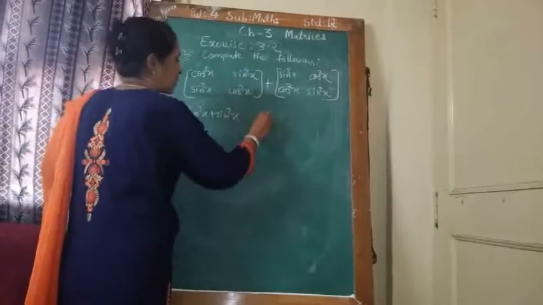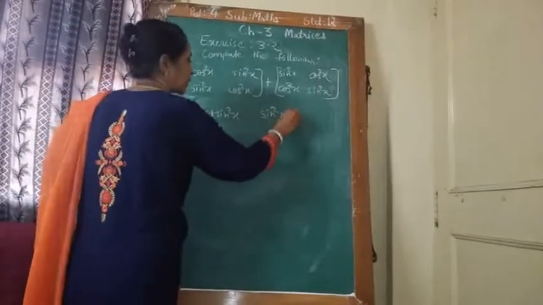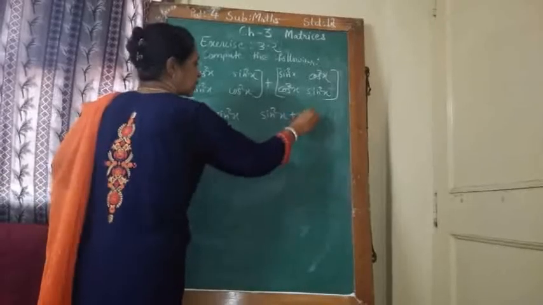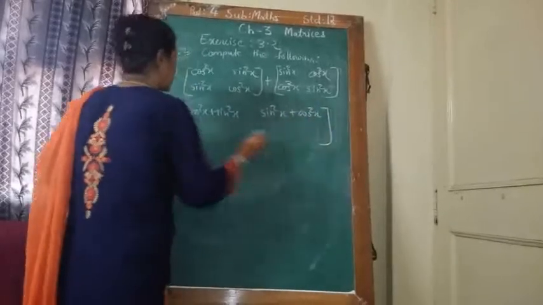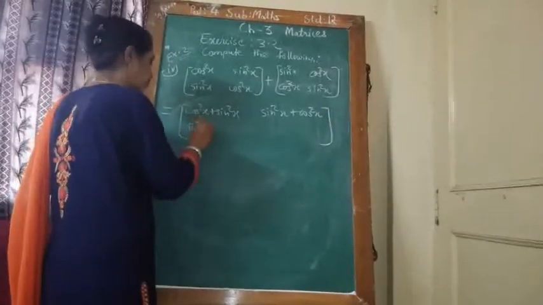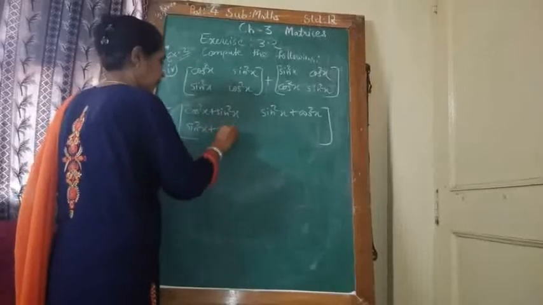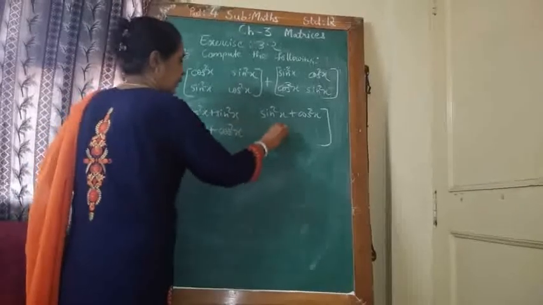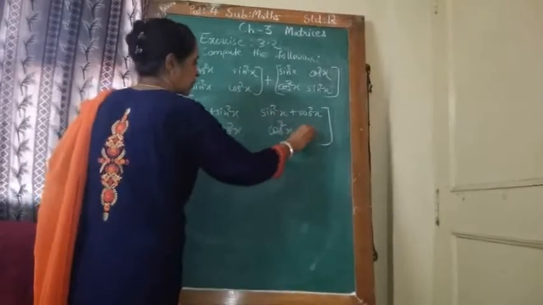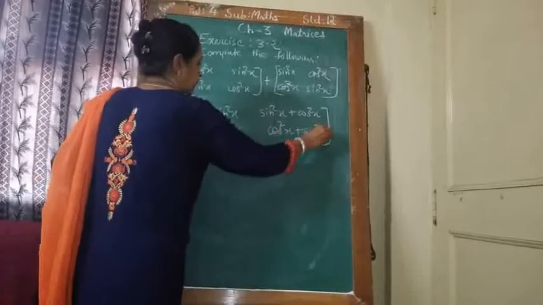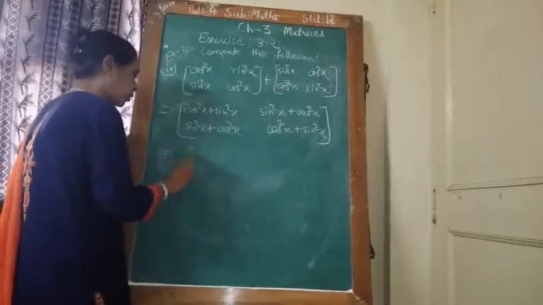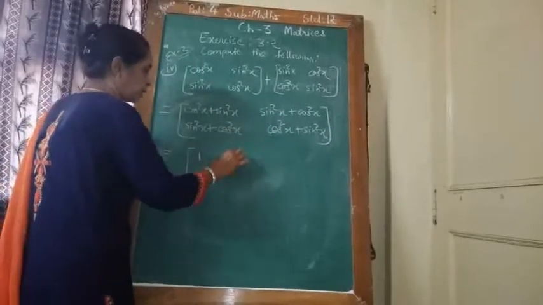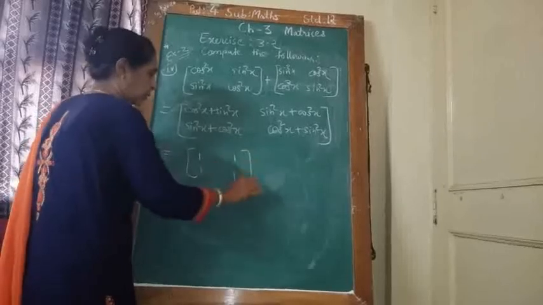Sin square x plus cos square x. Sin square x plus cos square x. Cos square x plus sin square x. So here all elements have value 1, 1, 1, 1.